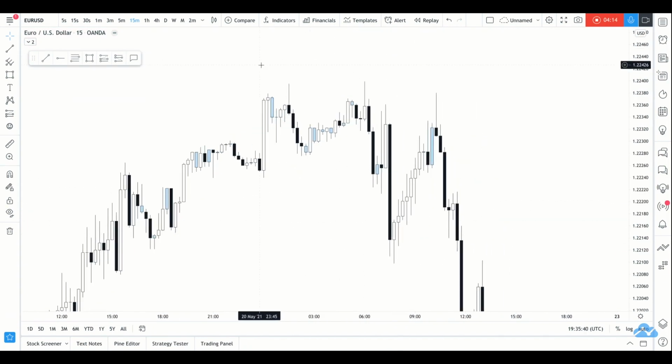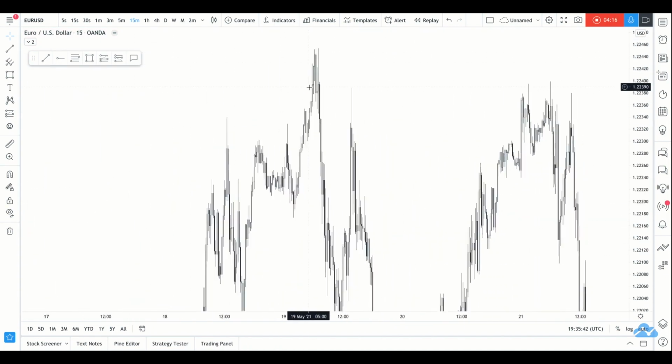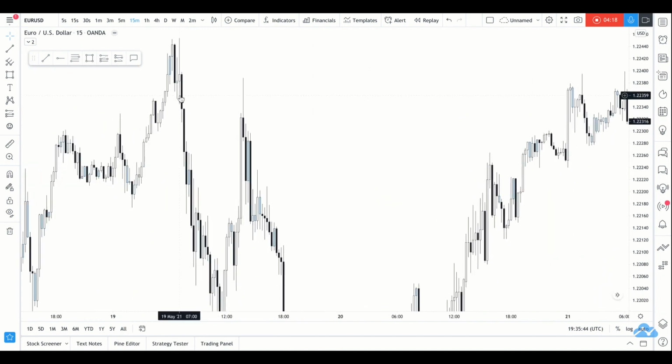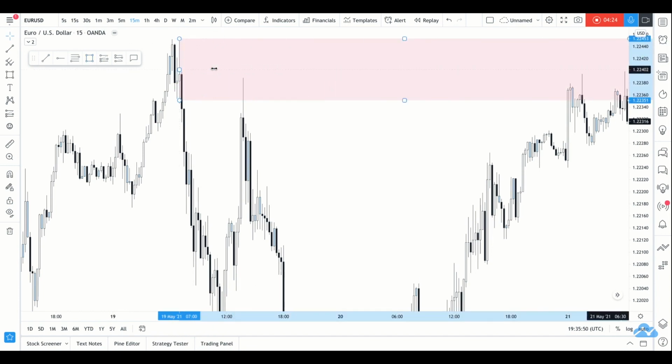So as you can see, even from here, let's mark this 15-minute candle.